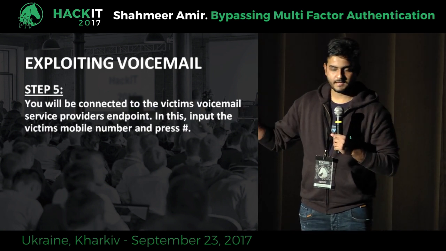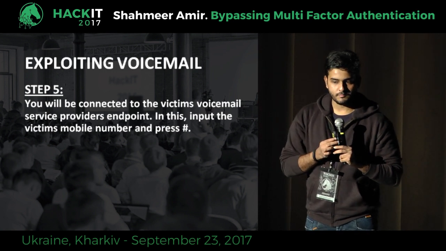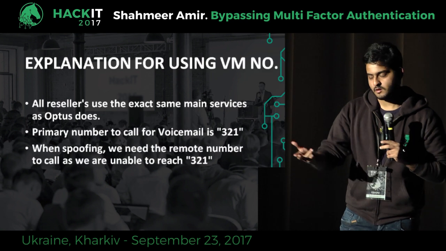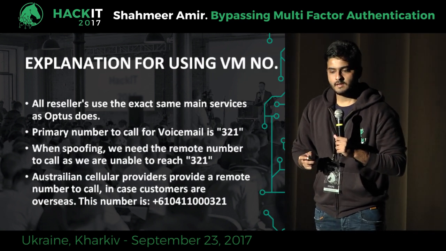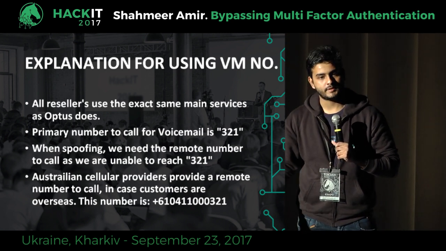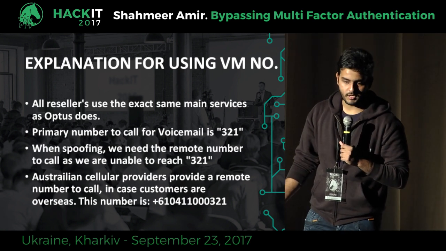Now, an explanation of why we use the voicemail number. Basically, all resellers use the exact same main services as Optus does. Optus is one of the Australian telecom providers. The primary number to call for voicemail is 321. So when spoofing, we need a remote number to call as we're unable to reach 321.